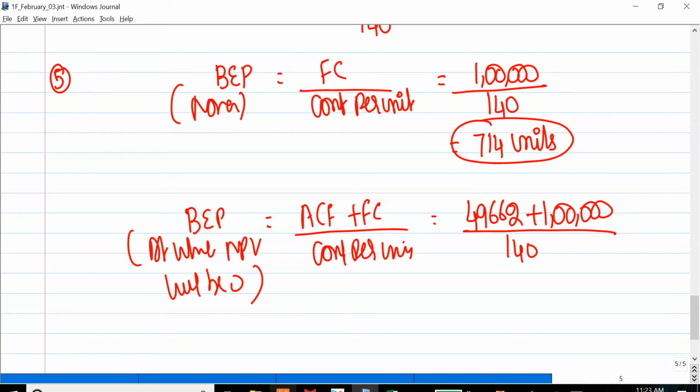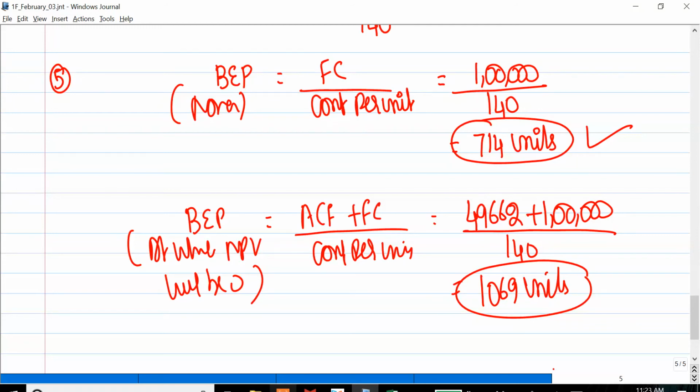From a finance point of view, it's fixed cost plus the cash flow at which I'll have 0 NPV. The institute answer is only 714, but I can give an alternate answer like this. I'll have to sell 1069 units to attain 0 NPV. 714 units will not help us in generating 0 NPV. 1069 units are to be sold to have 0 NPV.